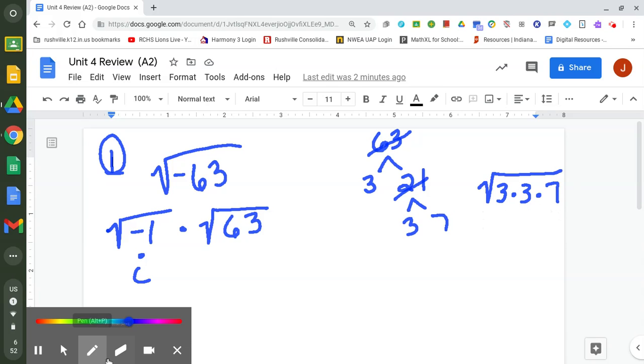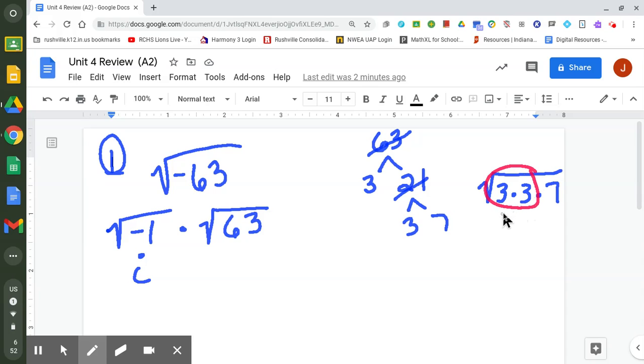And we look if there's a pair, then we circle the pair. Since we have one pair, 3 comes out of the square root box, and that 7 has to stay in. So then I come back over here: i times 3 square root of 7.